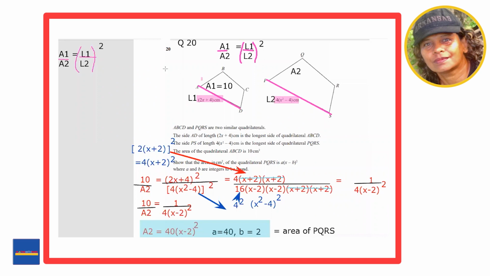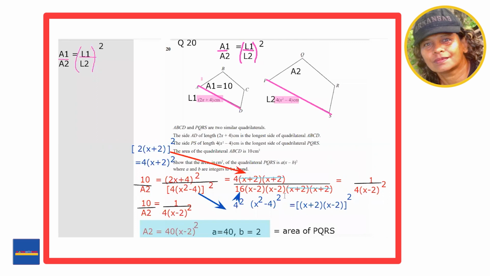But x squared minus 4 can be written as x plus 2 into x minus 2, and don't forget that I have a square over there.